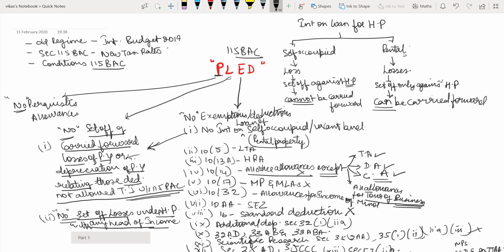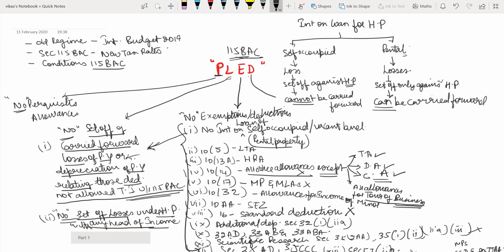So all the Chapter VI-A deductions like 80C, 80D are not allowed from now onwards, and various other sections. Only 80CCD and 80JJAA are allowed. So these are all the exemptions which are not allowed under section 115BAC.